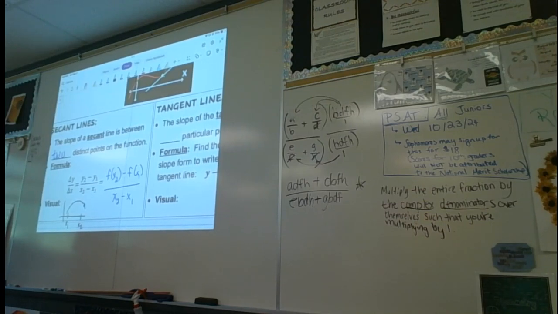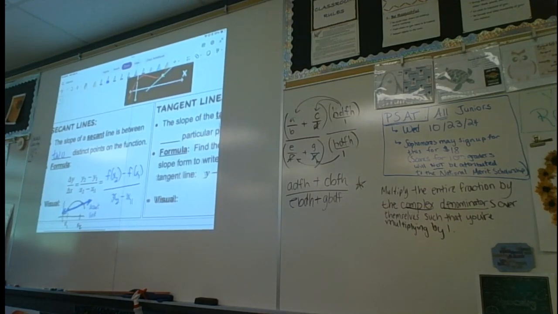And you have 2 points at x sub 1 and x sub 2. If you draw a line going through those 2 points, that is a secant line. So this is the secant line.